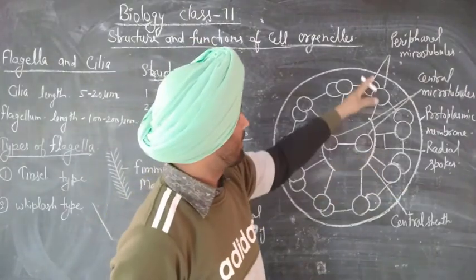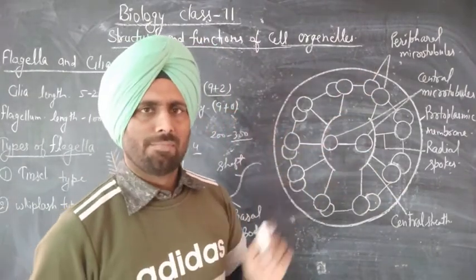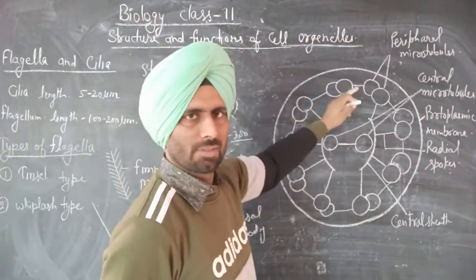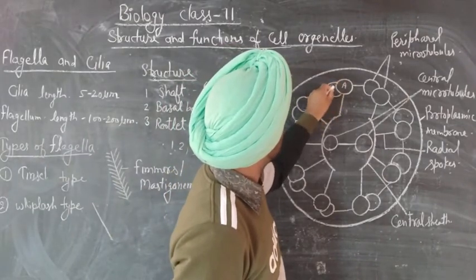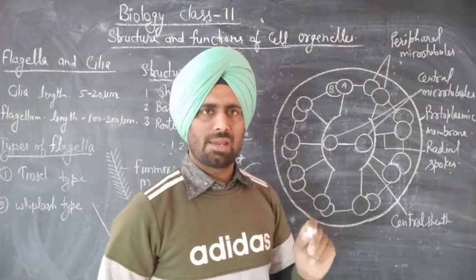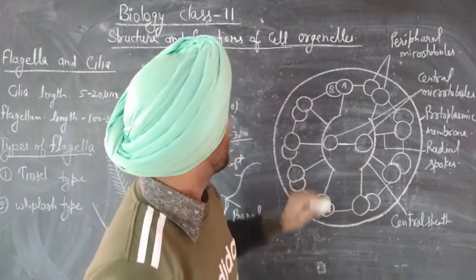The peripheral microtubules are made up of 2 microtubules, A and B, subunit or subfibril.